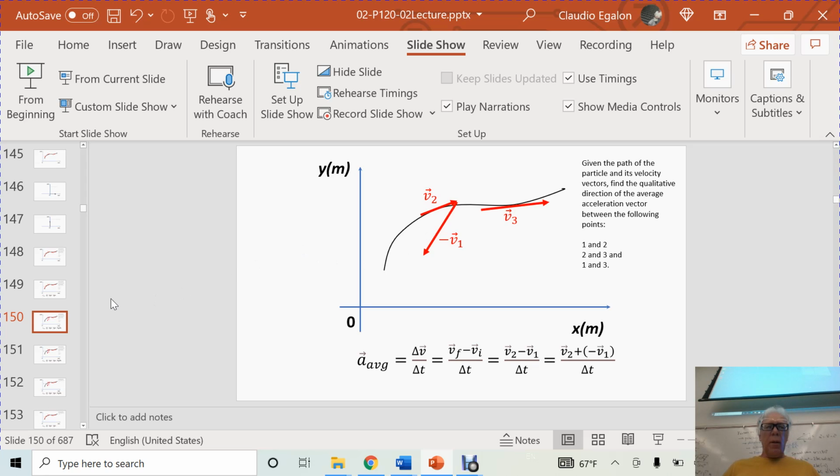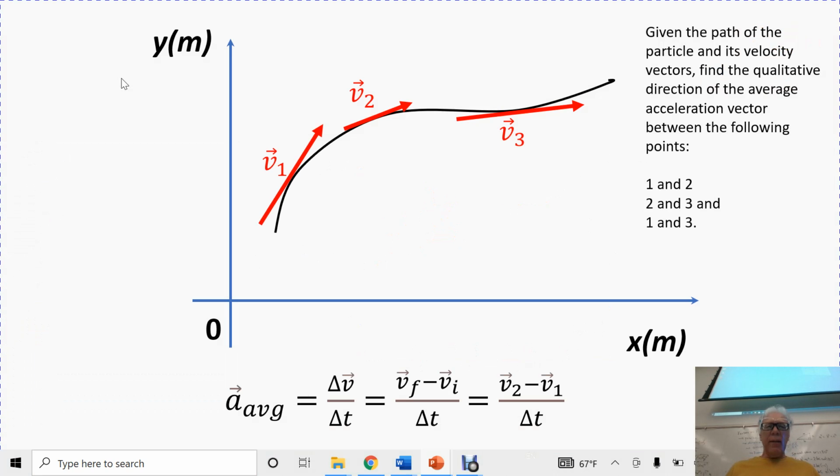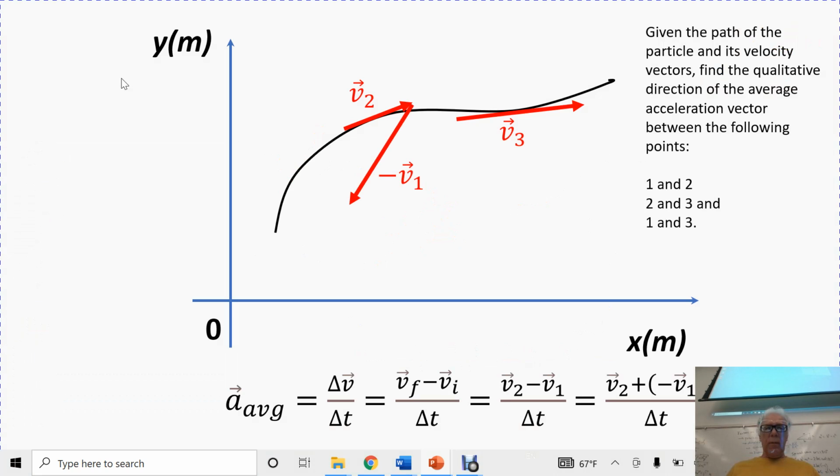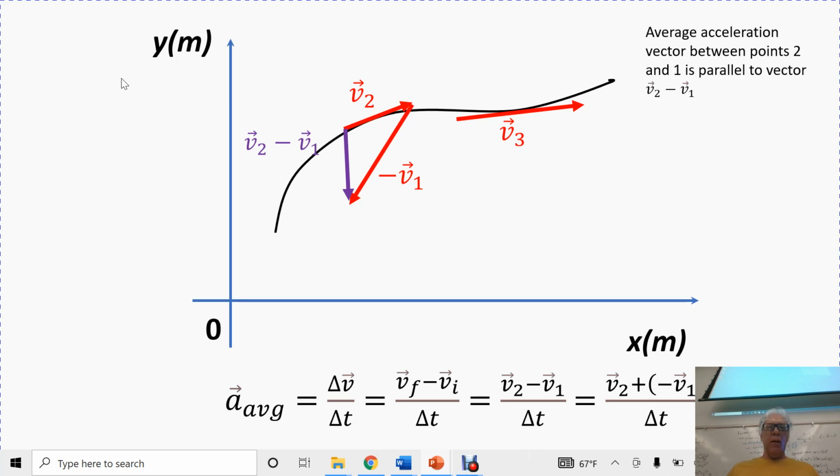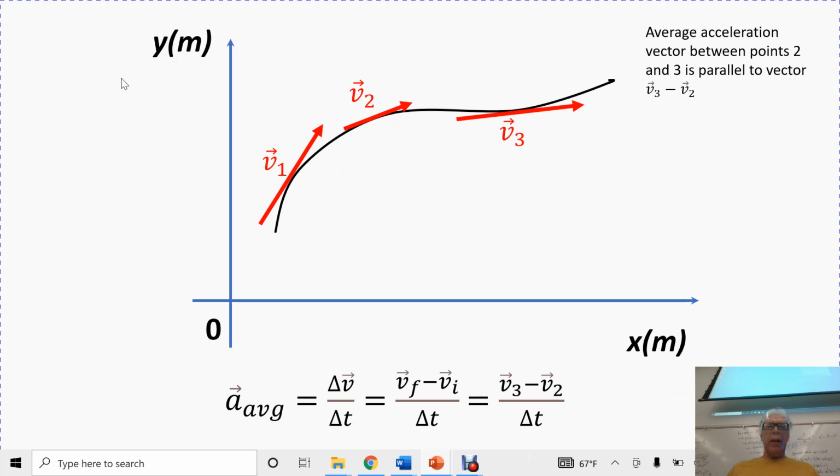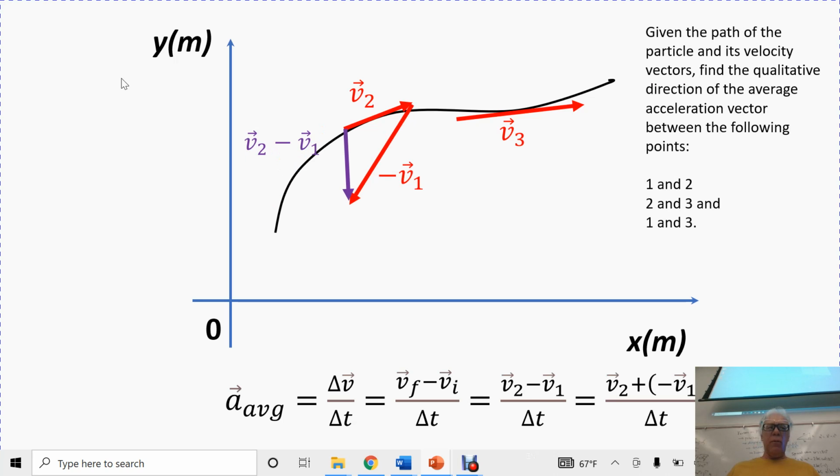Better now, right? That's v2 plus minus v1, right? So look what we get. We get this generic direction for the acceleration vector, which is parallel to the average acceleration vector between those 2 points.